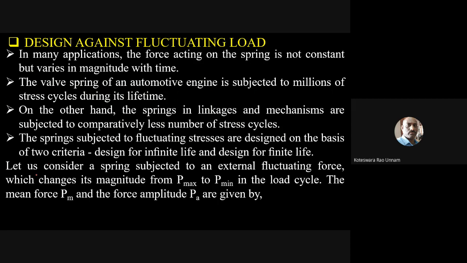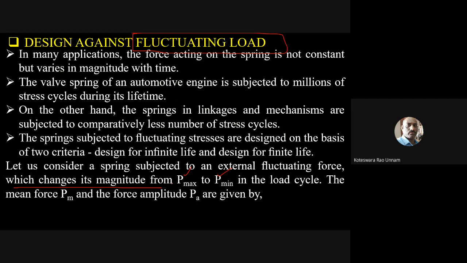Let us consider a spring subjected to an external fluctuating load which changes its magnitude from P max to P minimum. Since the load is fluctuating, it is varying, so definitely it has a minimum value as well as a maximum value.